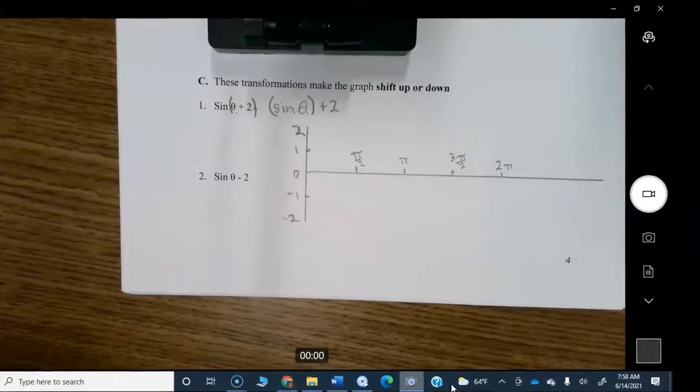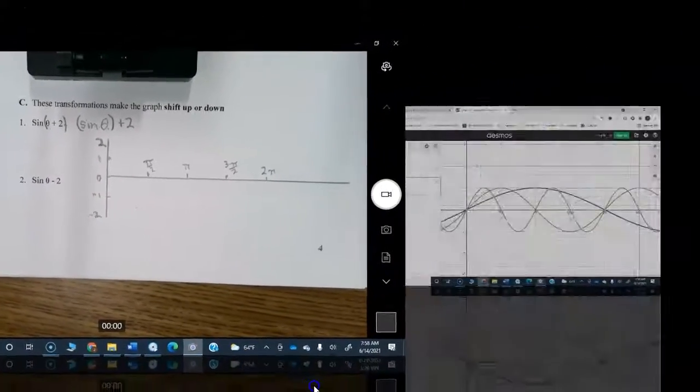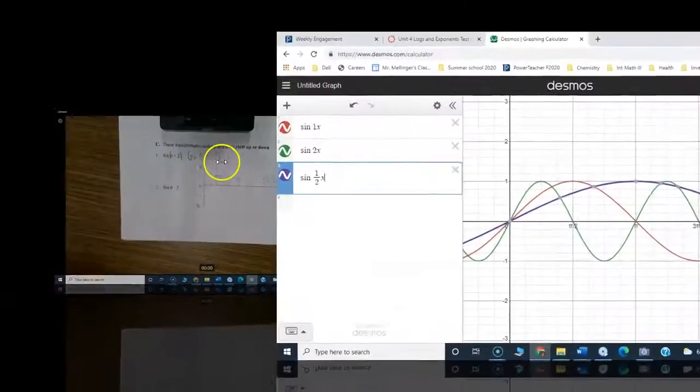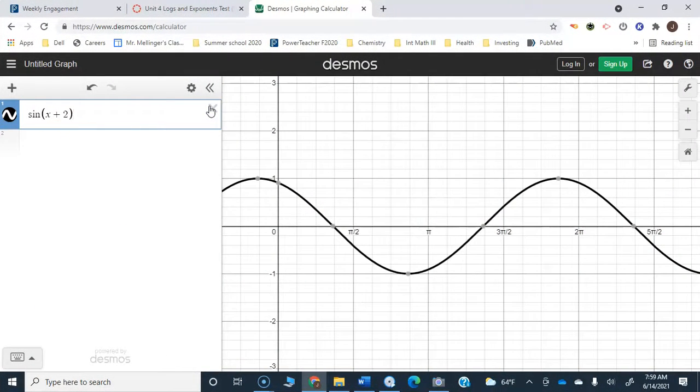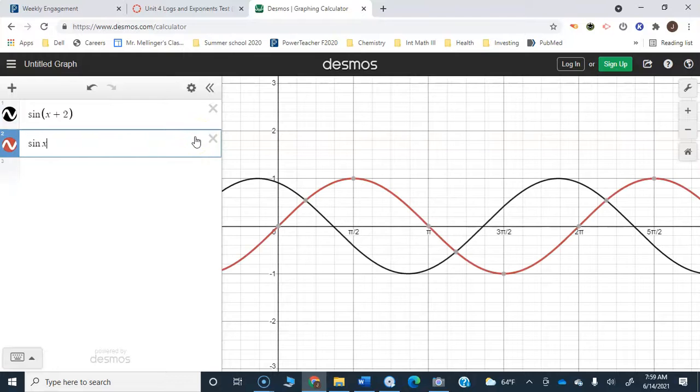So let's see what this looks like. We're going to go to Desmos, and let's go ahead and X out everything here. And let's compare that to just sine x. This is sine x right here.